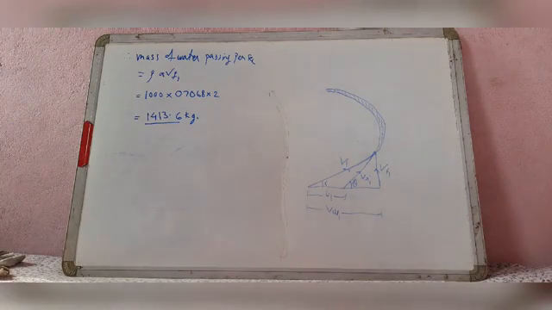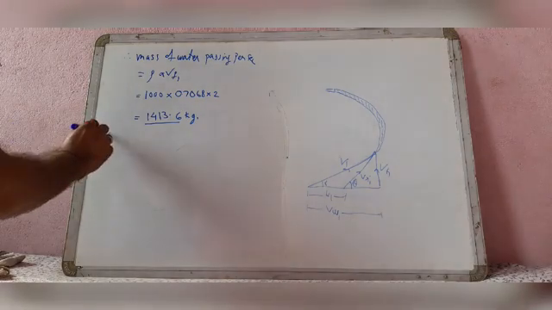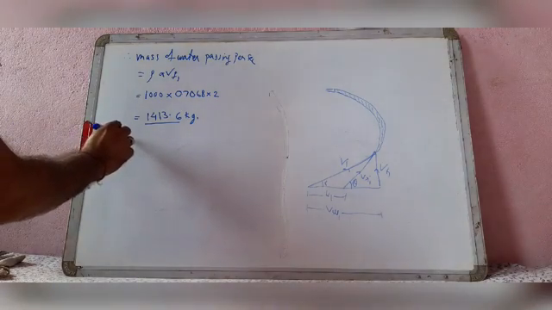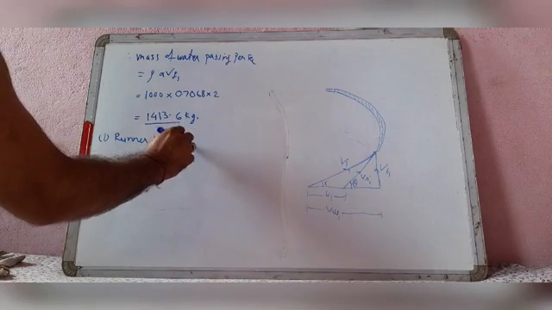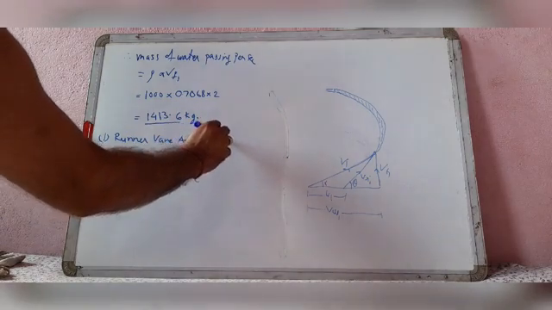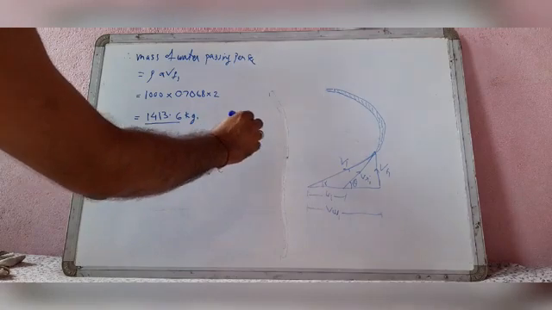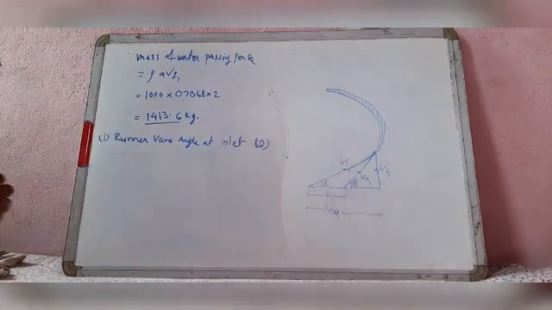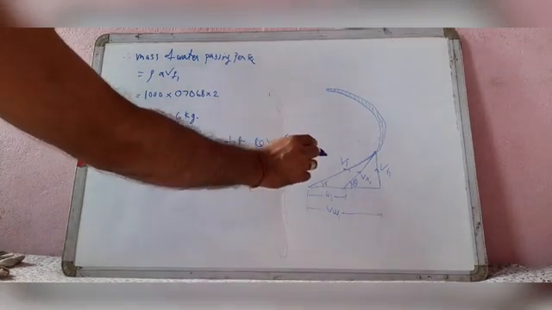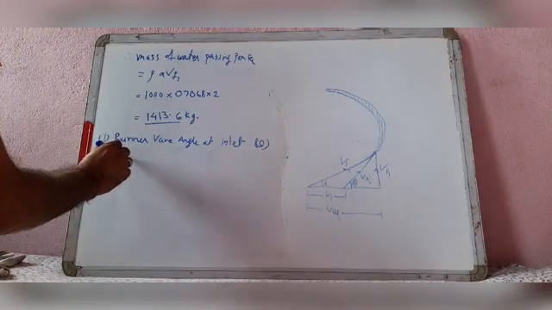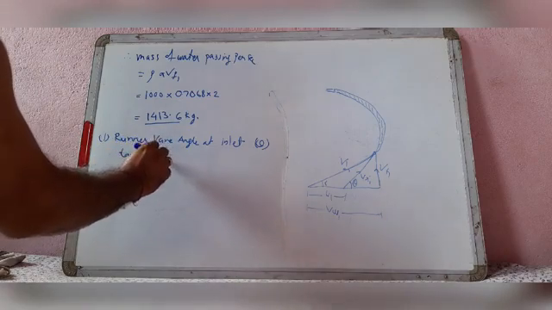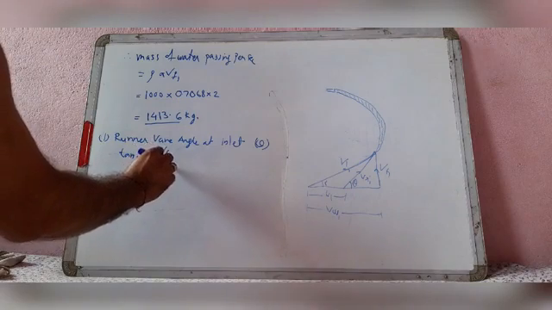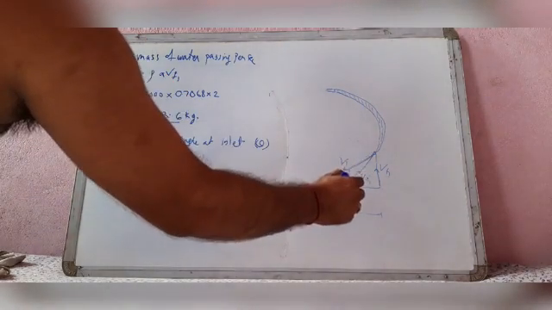Now we have to calculate runner vane angle at inlet. This is angle theta. From inlet triangle, tan alpha equal to Vf1 by Vw1.